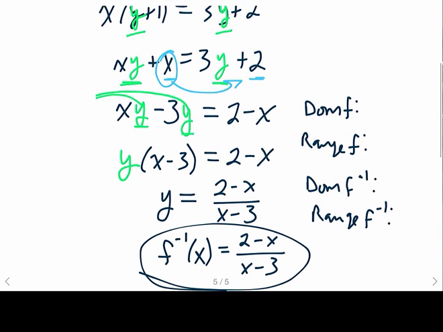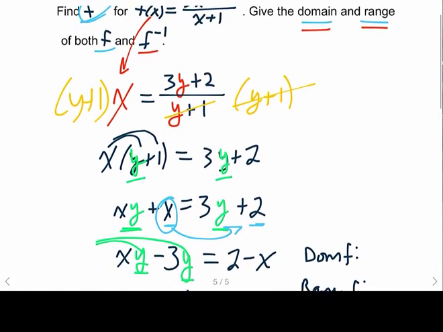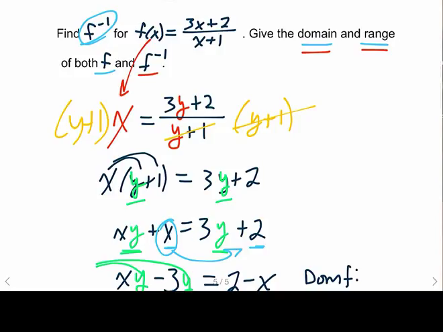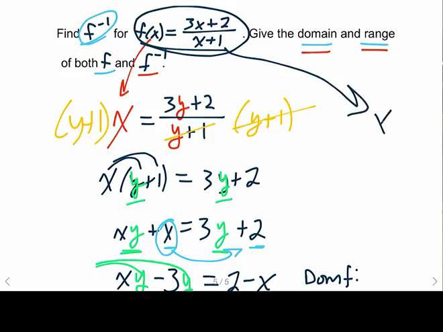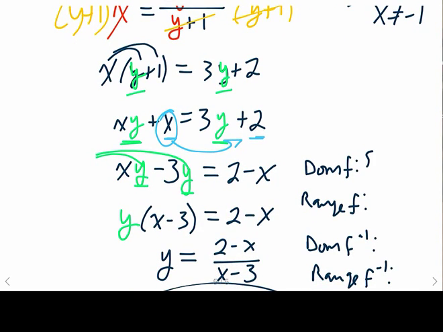The domain of f is going to be obtained by looking at the original function. F was 3x plus 2 over x plus 1. And so for f, x cannot equal negative 1. That's going to give us our domain for f: the set of x such that x does not equal negative 1.